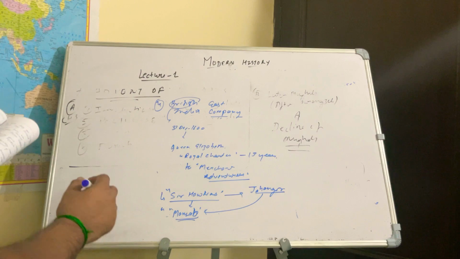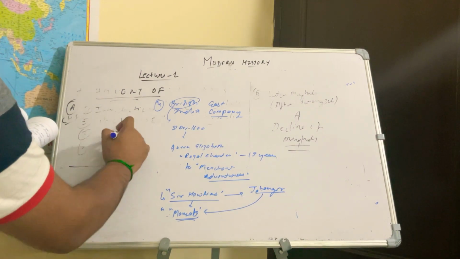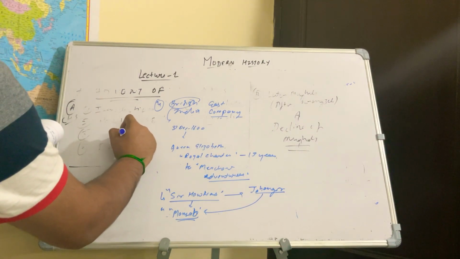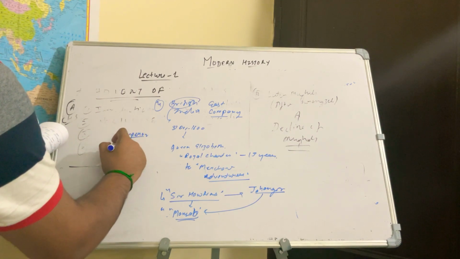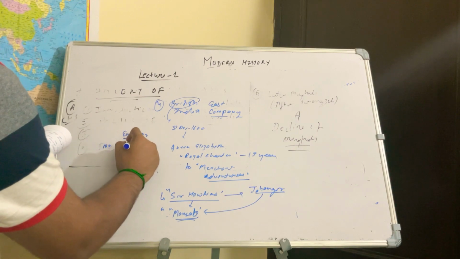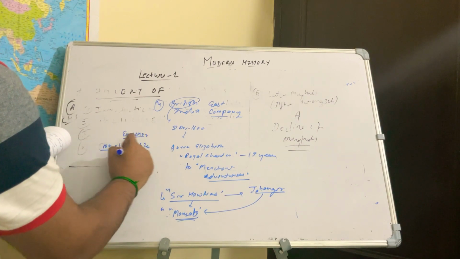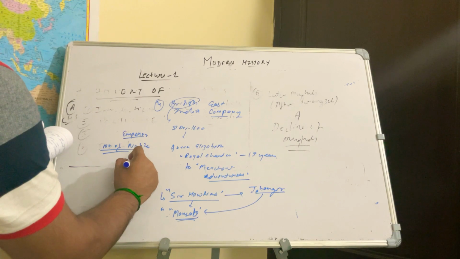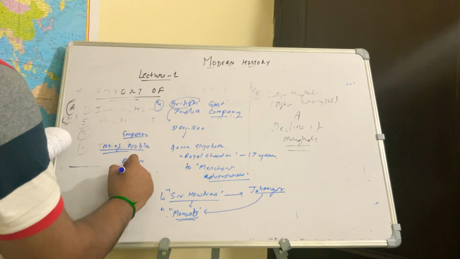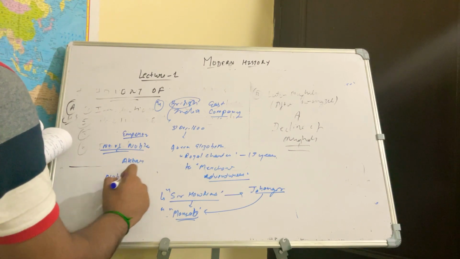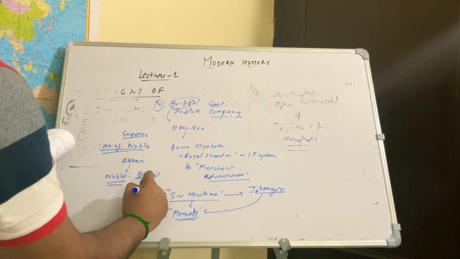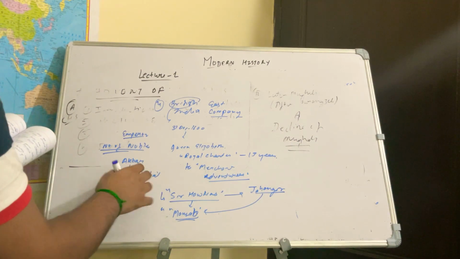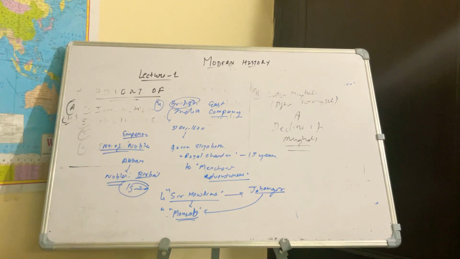So, you must be knowing that in Mughal Empire, king or the emperor were having a number of nobles. For example, if Akbar was the emperor, then in his nobles we had very famous Birbal. So around 15 to 20 nobles were present in every emperor's rule.